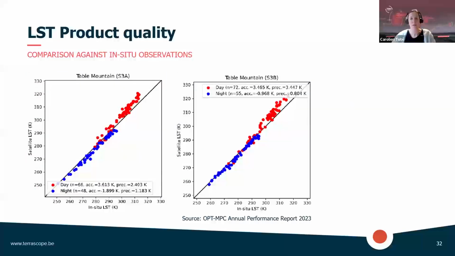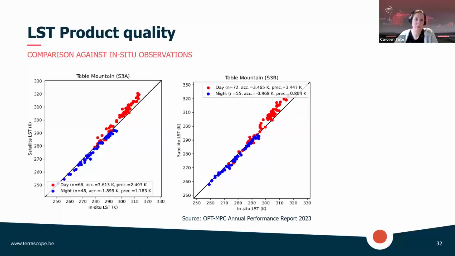So just one slide on the LST product quality, what is done in the opt-MPC by the University of Leicester. So they compare the satellite retrieved LST in the y-axis with in situ measurements from radiometer sites for a considerably large number of stations. This is just one example for Table Mountain for 23.